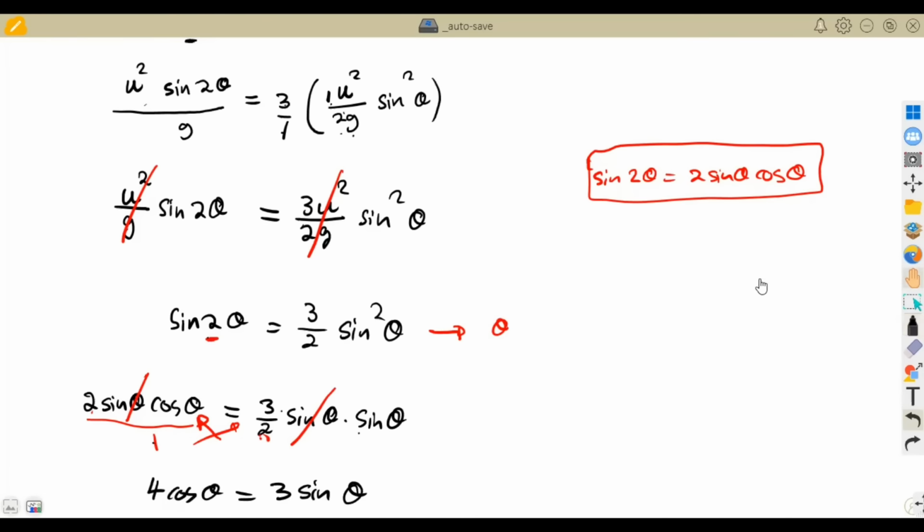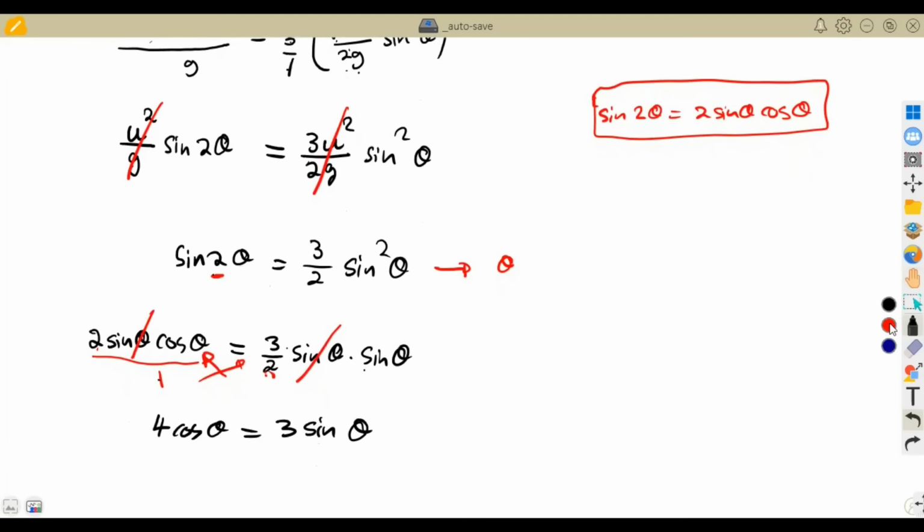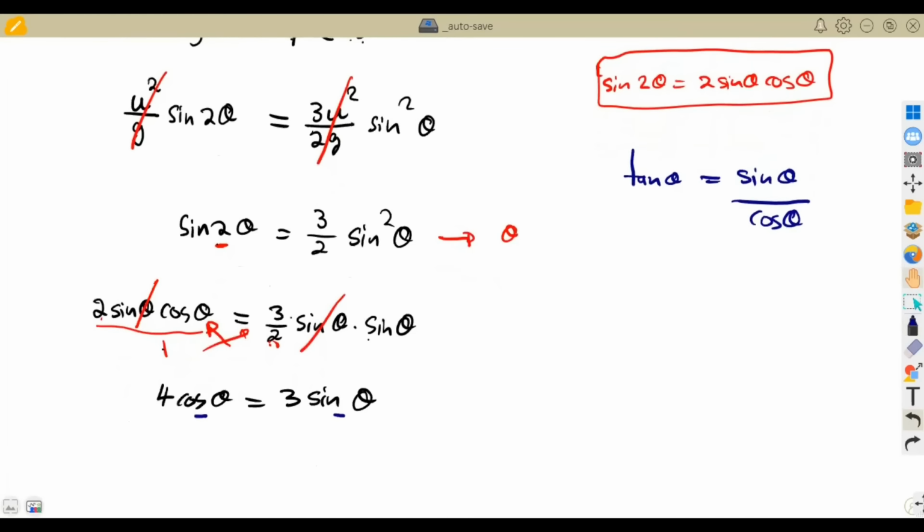We are still to find theta and we are still to apply our mathematical skills. We know that where there is cos and sine, we can formulate tan, because tan is equal to the sine of theta over the cosine of theta. So in order for us to obtain sine over cos, we have to divide by cos on both sides.